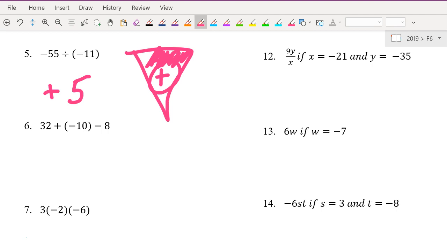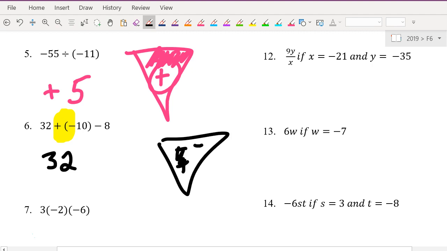Since there's a double sign, the plus and the minus, we use Dorito Man and it would turn into positive. Negative 10. Good. Negative 10, and then we have negative 8 too.